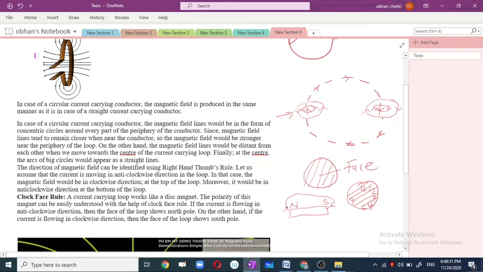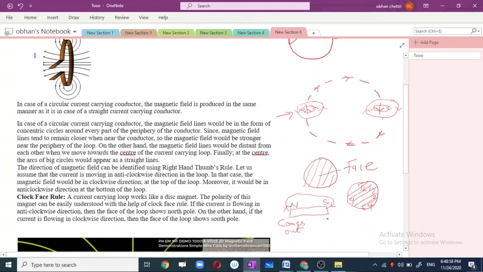So from the north pole it starts coming out, and at the south pole the field lines pass through. For simplicity I'd like to write here: comes out. That means magnetic field lines come out of the north pole and magnetic field lines pass through the south pole.